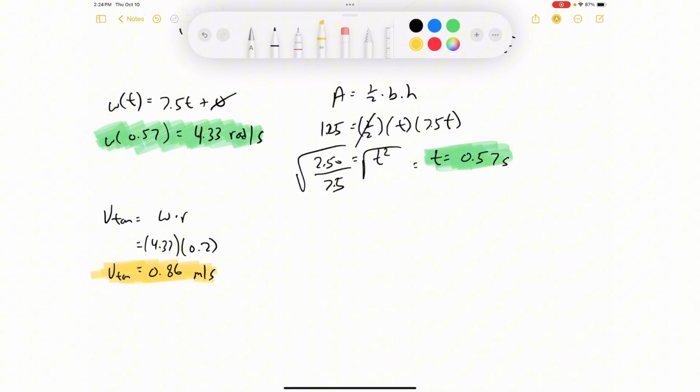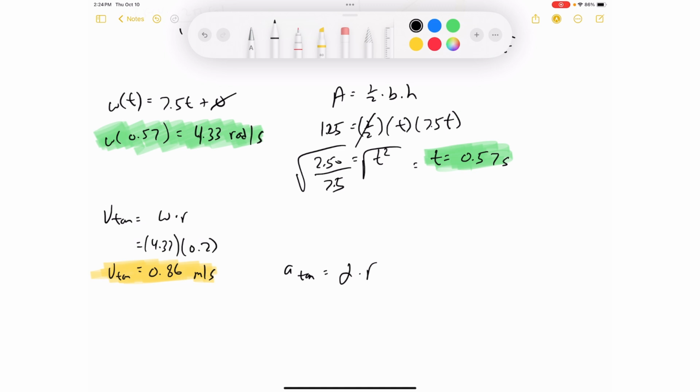Now, I want to find my acceleration. So if you want to find tangential acceleration, remember that's the vector tangent to the circle, obviously. Remember, velocity is omega times r. Acceleration is just alpha times r, because it's still at the wheel.